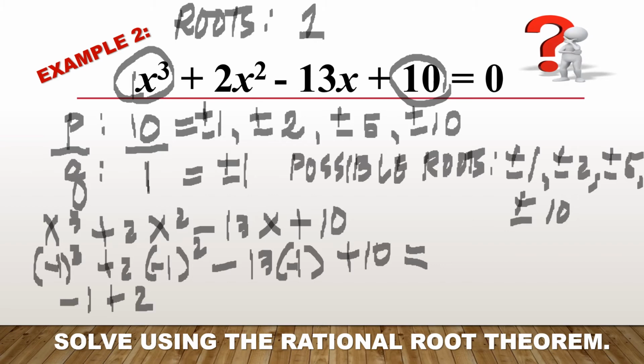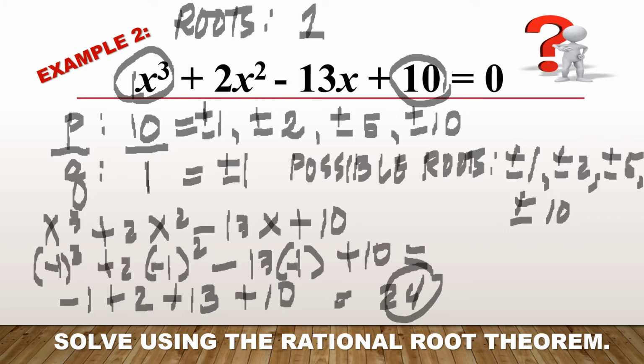Negative 13 times negative 1 is positive 13. And finally, copy plus 10. Negative 1 plus 2 is positive 1, plus 13, 14, plus 10, 24. It's not 0, therefore negative 1 is not included. So negative 1 is not a root of the given polynomial.